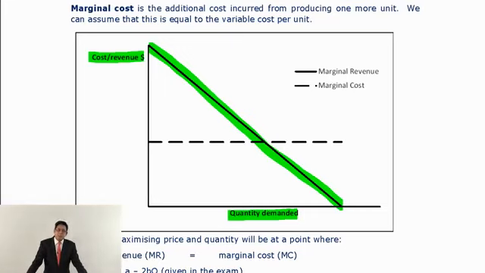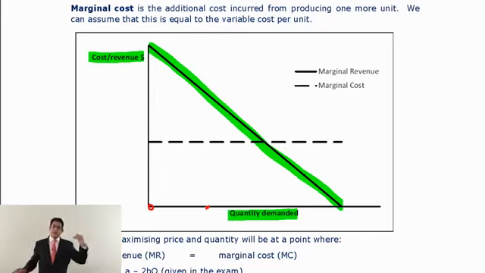Meaning to say, when the quantity sold is very low, marginal revenue is very high.